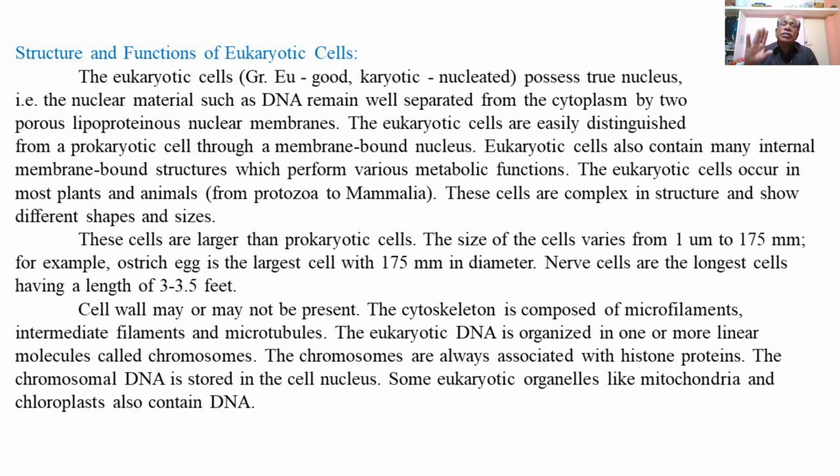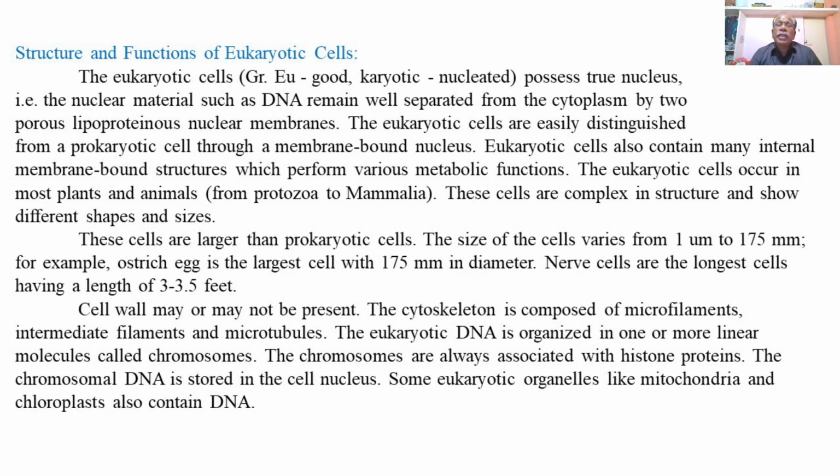It is composed of proteins, that is microfilaments, intermediate filaments, or microtubules, which are present in the cytoplasm of the eukaryotic cells and form a cytoskeleton, which gives a definite shape to the eukaryotic cells.